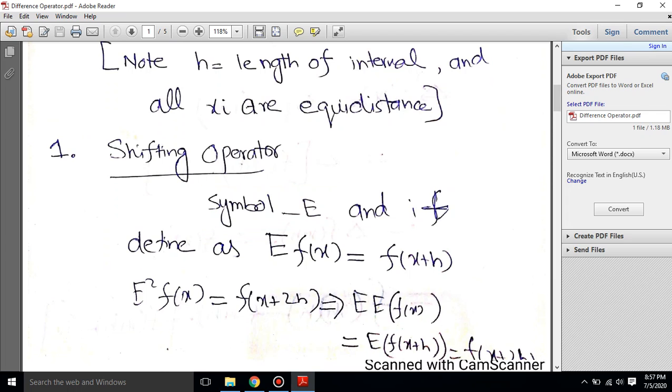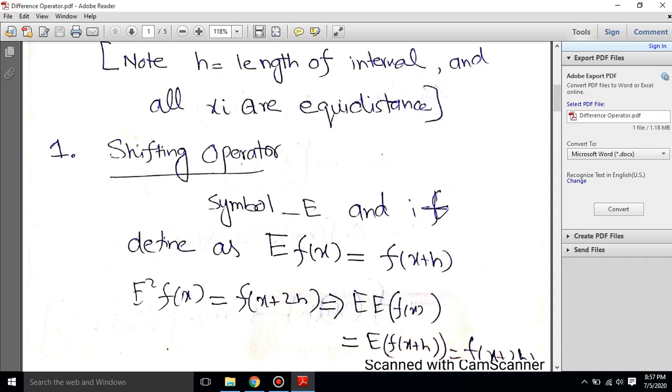Whenever we apply the shifting operator on any f of x function, it will give us the value of f of x plus h. Remember, this h we defined earlier, that is the fixed length we were talking about.